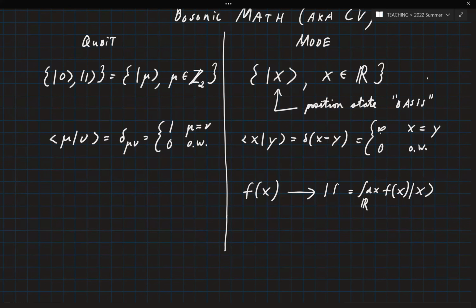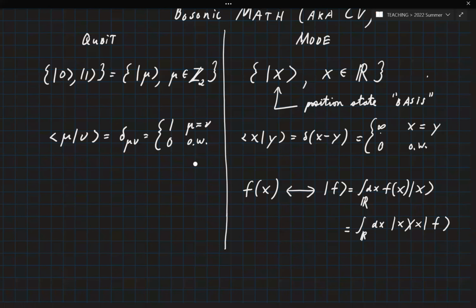And I can map this function into a vector like this. And this is nothing but a tautological statement saying that I can write a vector in this space in terms of the basis of position states, because the position states resolve the identity.